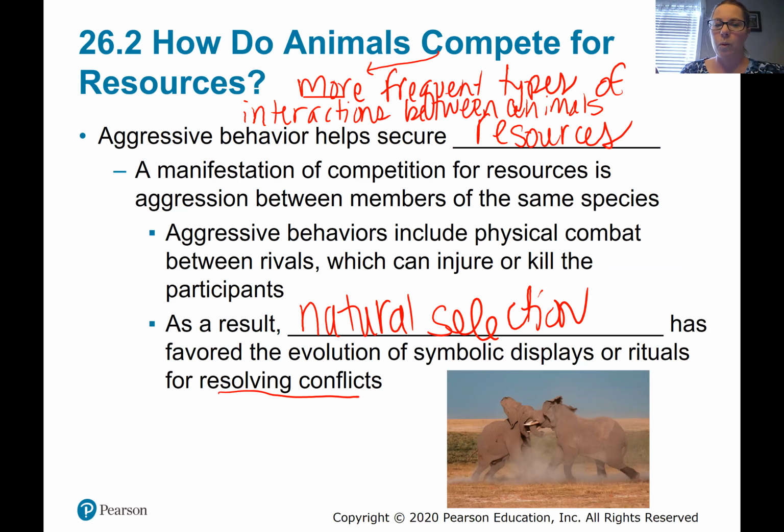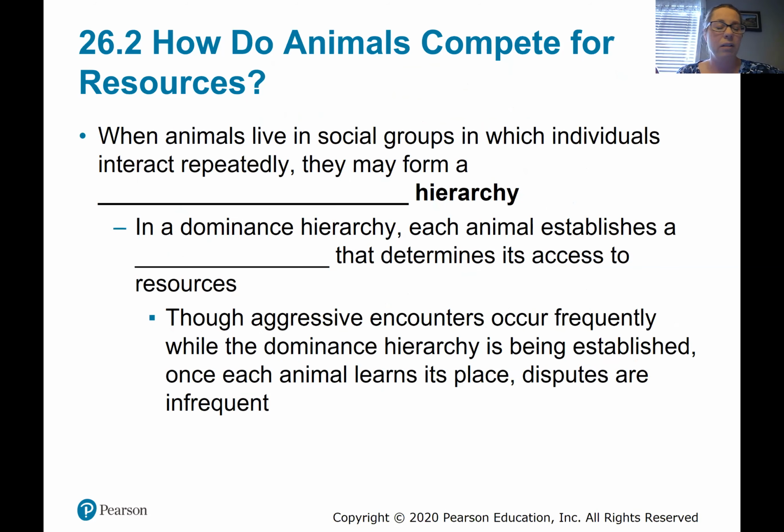Having aggressive, killing type behaviors is very, very costly, not only for the individual, but also for the population. Even for the survivor, you may be injured, and that could put you at risk for disease or infection or starvation. So fighting to the death may not always be necessary or the best way to resolve a conflict.